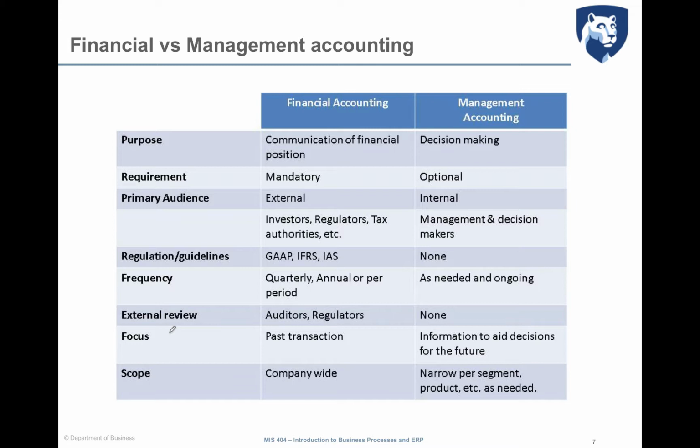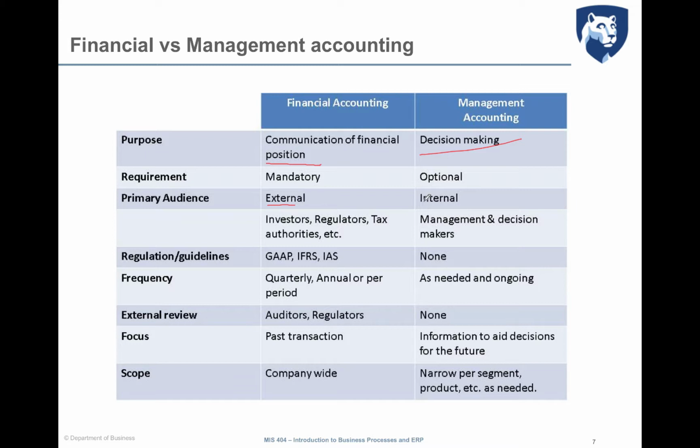So managerial accounting supports the decision-making process in the company, while financial accounting has been conceived with the main aim to provide information to third parties outside the organization, such as investors, regulators, tax authorities, and so on.